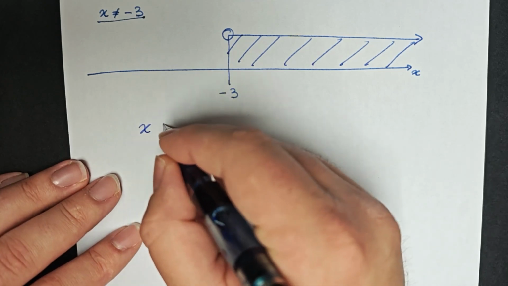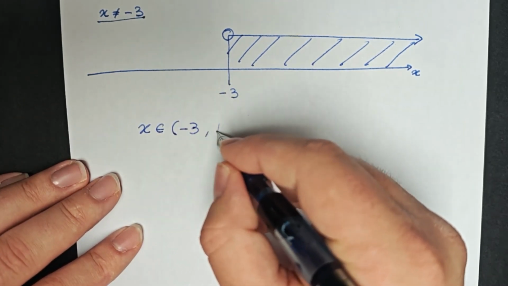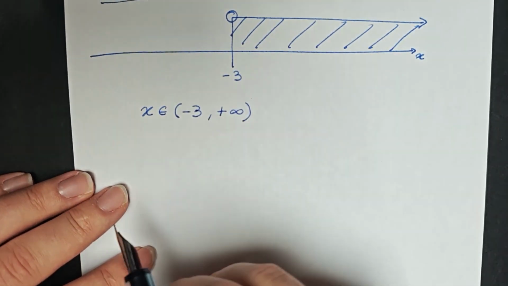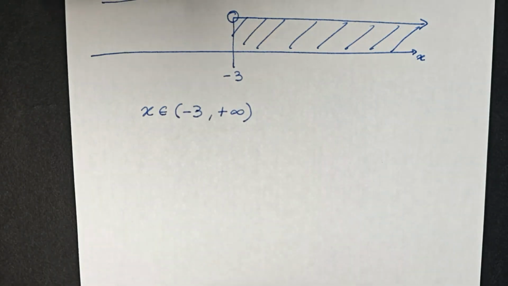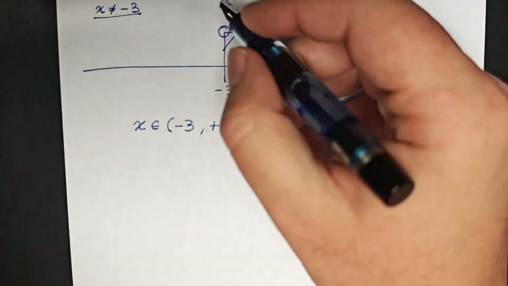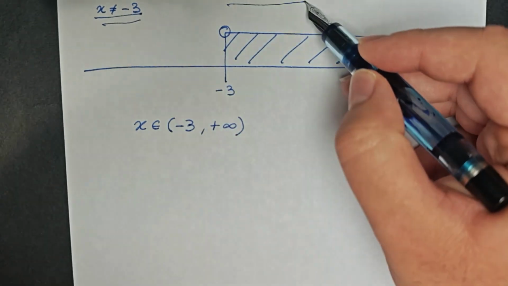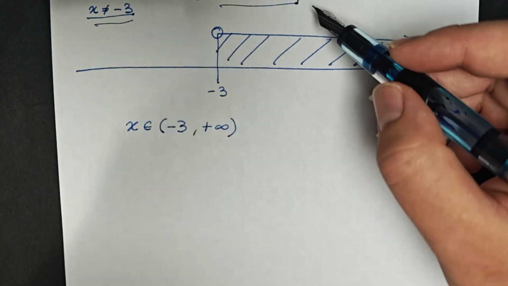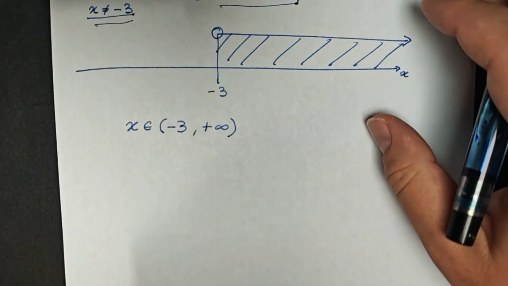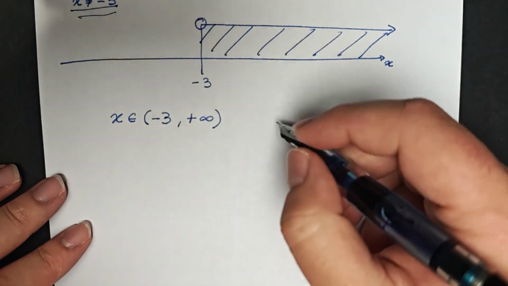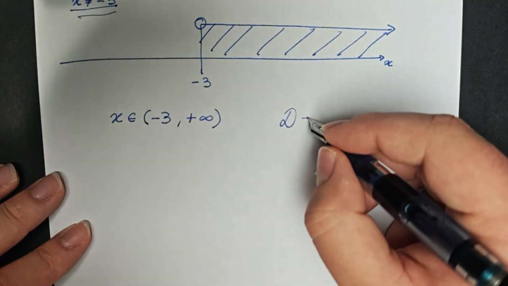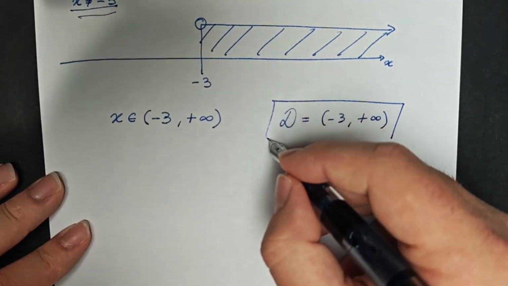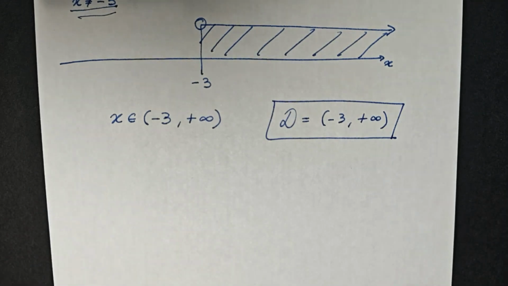So the interval is from negative 3 all the way to positive infinity, where number negative 3 is not included in that interval. Note here that we had the conjunction of these two conditions. That is why I have taken an intersection of these two sets which these two conditions correspond to. So finally, the domain of our function f is from negative 3 to positive infinity. Number negative 3 is not included in that interval.